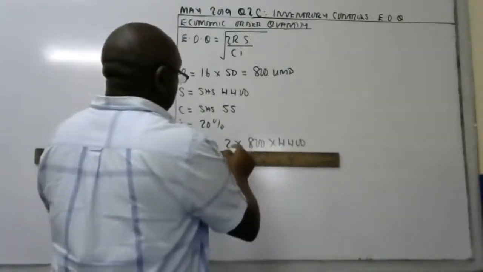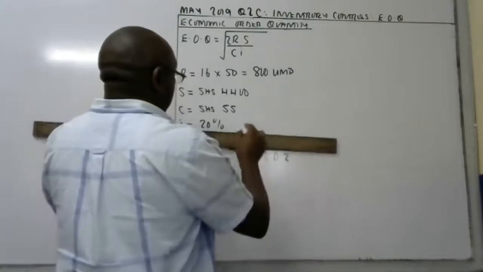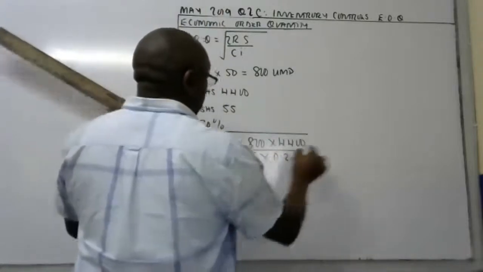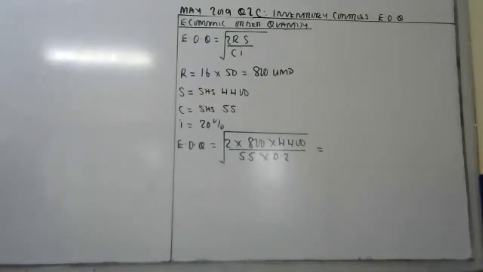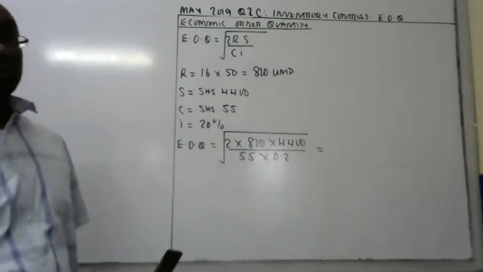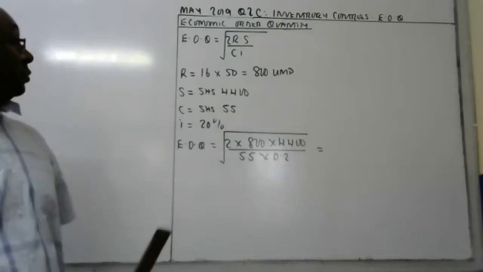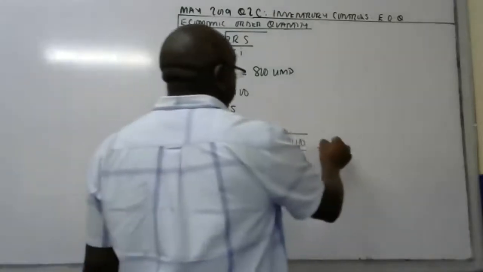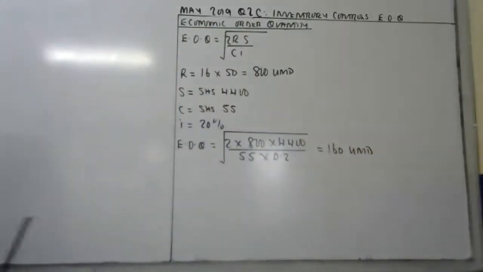You divide all this by 55 times 0.2. So give me that. 1,160 units.